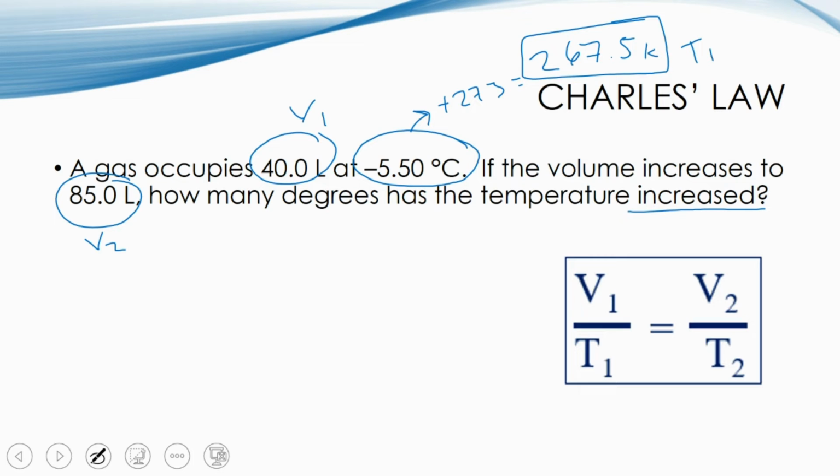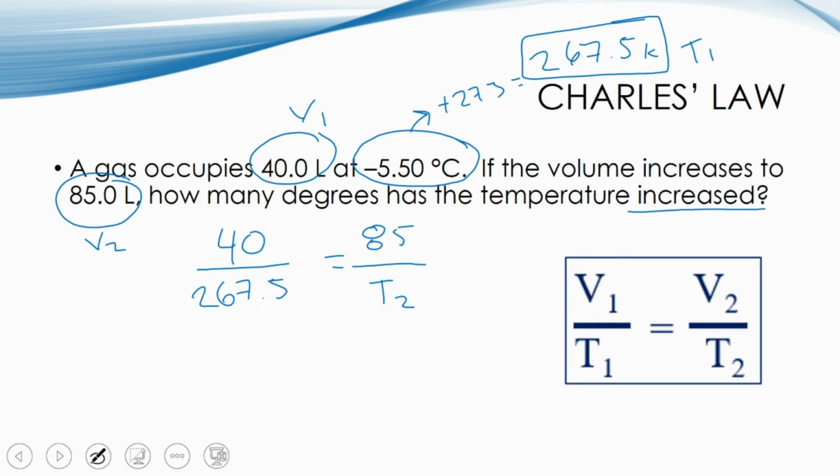So let's first figure out what the new temperature is, because then we can figure out how much the increase was. Let's do our V1, which is 40, divided by our temperature 1, which is 267.5. We're going to do V2, which is 85, divided by temperature 2.